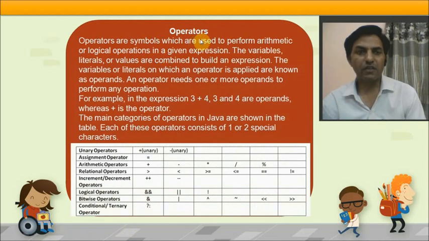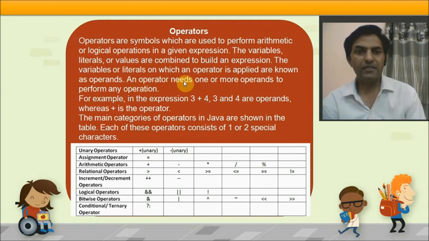Second topic is operators. Operators are symbols which are used to perform arithmetic or logical operations in a given expression. The variables or literals or values are combined to build an expression. The variables or literals on which an operator is applied are known as operands.